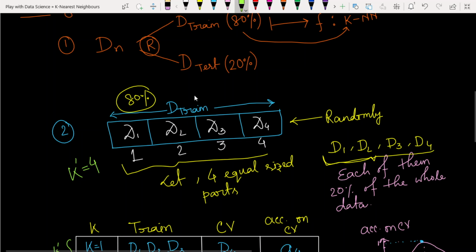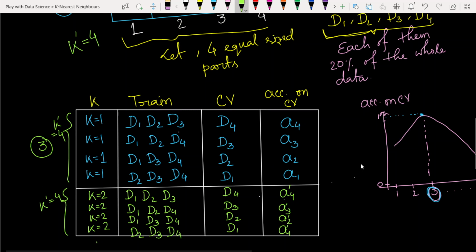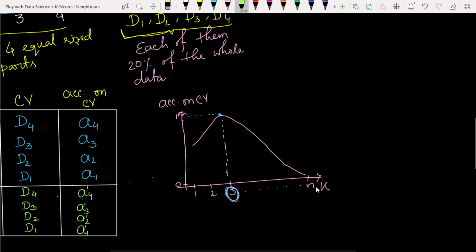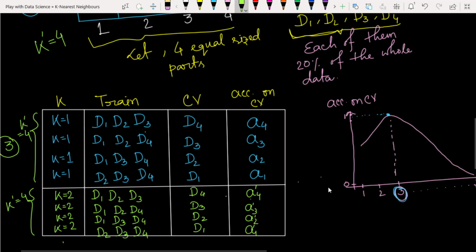So let's take n is equal to n1. We are doing this job n1 times. We need one value for each k, for k is equal to 1, for k is equal to 2.